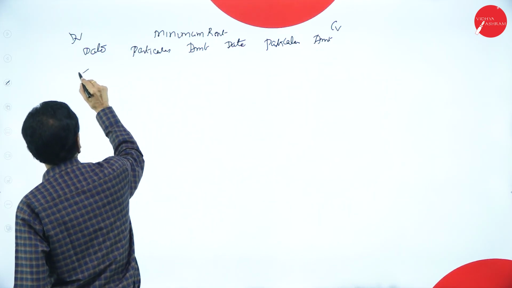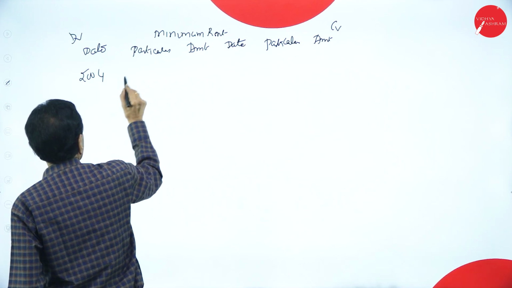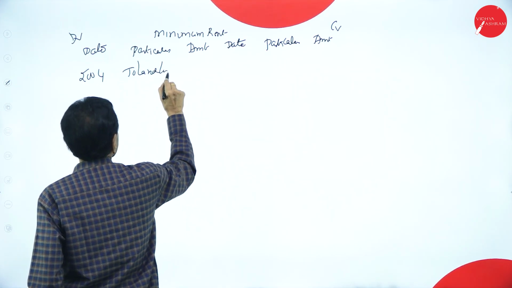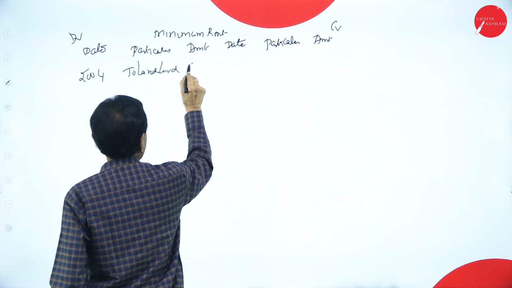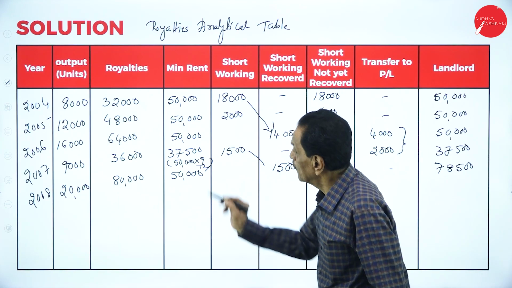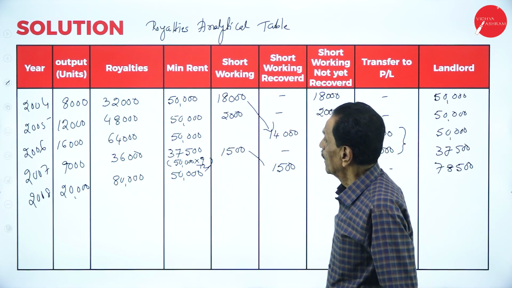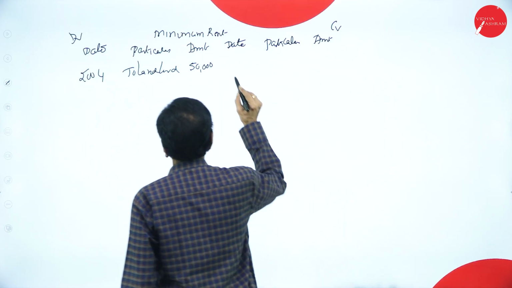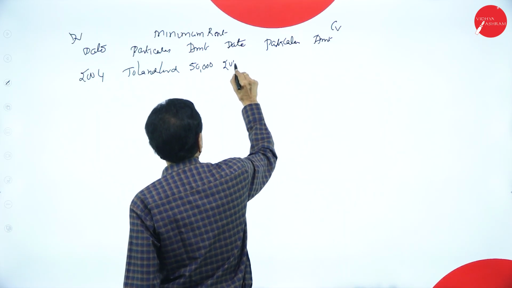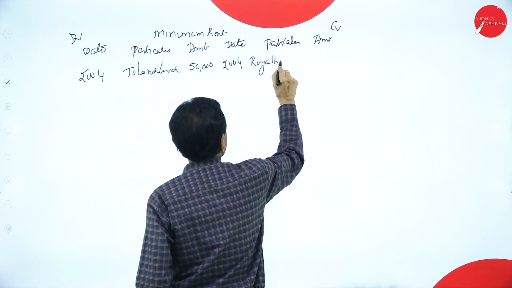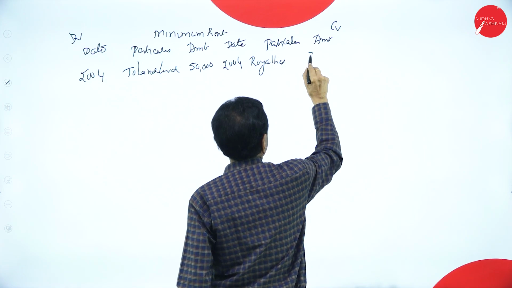2004, to landlord. You are paying 50,000. Minimum rent you are paying 50,000. How much is the royalty? 32,000, same date, by royalties, 32,000.